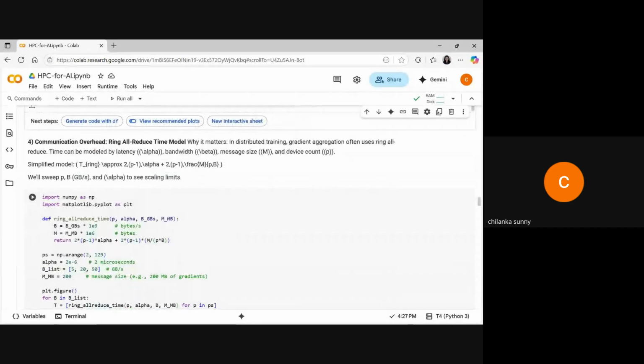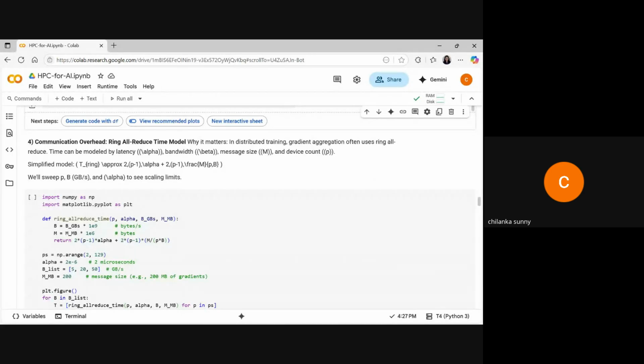Now let's see the communication overhead, which we discussed conceptually. Here we are discussing how the MPI collective ring all-reduce works.